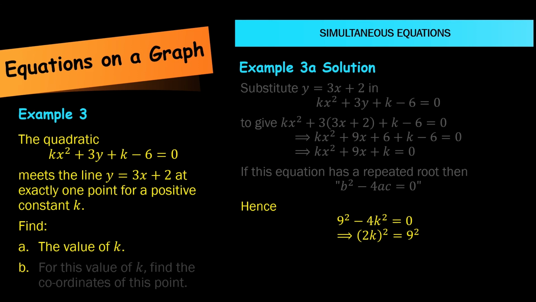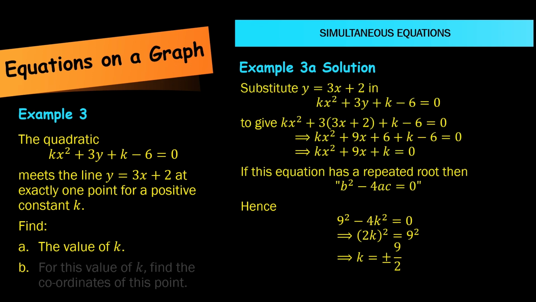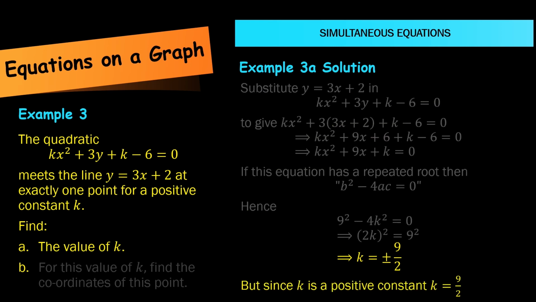We rearrange the equation to isolate the k, and finally divide by 4 and square root to give us that k is equal to plus or minus 9 over 2. However, since k is a positive constant, k is equal to 9 over 2.